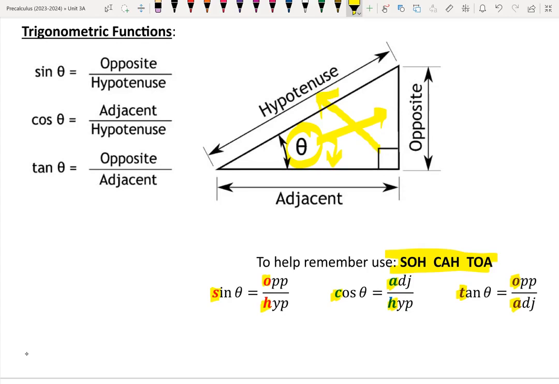Hypotenuse will be right there. Adjacent, the word adjacent means next to. So it means what it means, right? It's our adjacent side. It's the one next to the angle. That's not the hypotenuse, right? The hypotenuse is technically adjacent as well, but it's already special. It's already the hypotenuse. So it's not going to be the one we label adjacent.